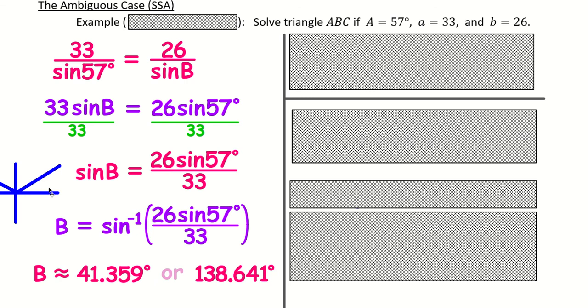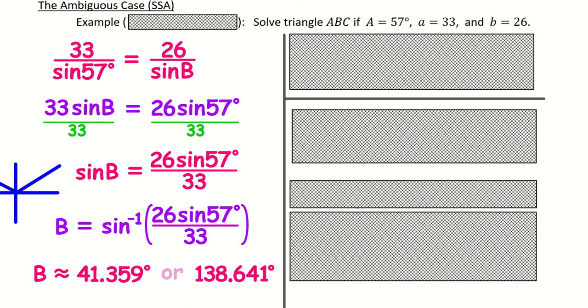So this is 41.359 degrees, and this is 41.359 degrees. That's why 180 minus this would be your quadrant 2 angle. We can follow up more on that later.